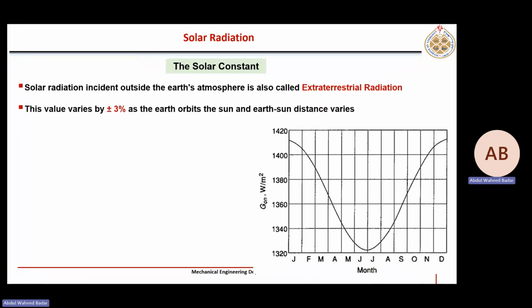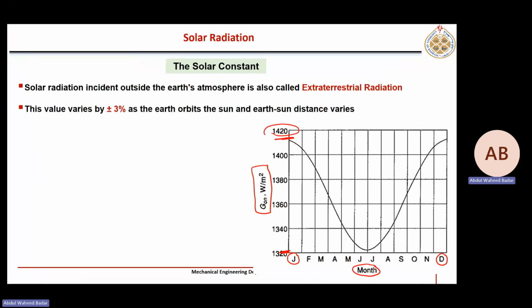So here is the solar constant starting from January up till December. So here is the variation between these two values, about 1320 and about 1420. So this is changing because the sun-earth distance is also changing.